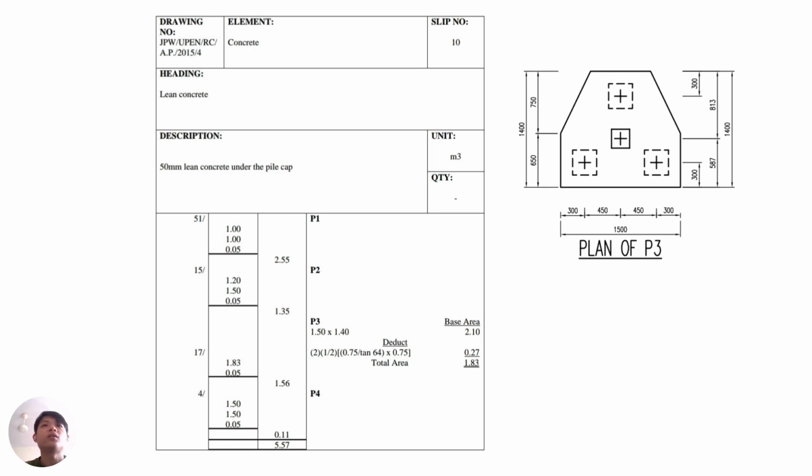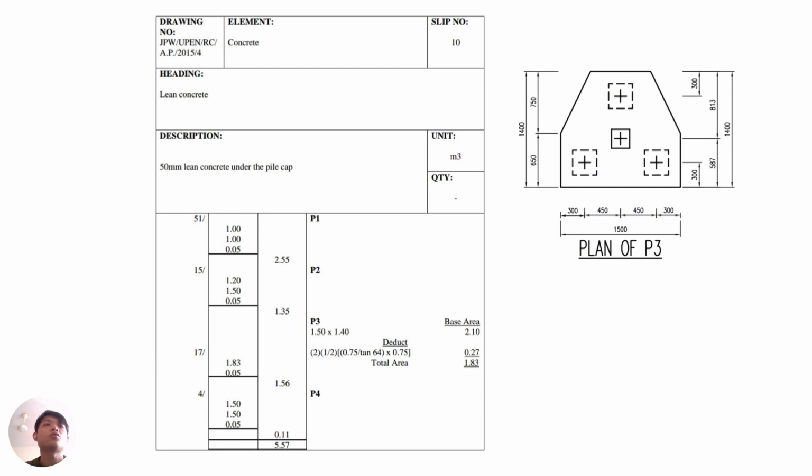Then we need to deduct the two triangles seen on the drawing. The two triangles' area can be found by the formula half times the height, which is 0.75, and the base is equal to 0.75 over tangent 64. Because there are two triangles, we need to times 2, and the total area of P3 will be 1.83.